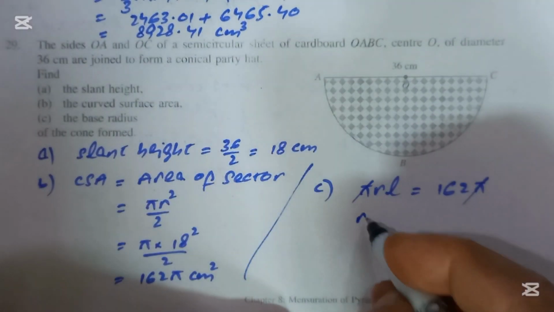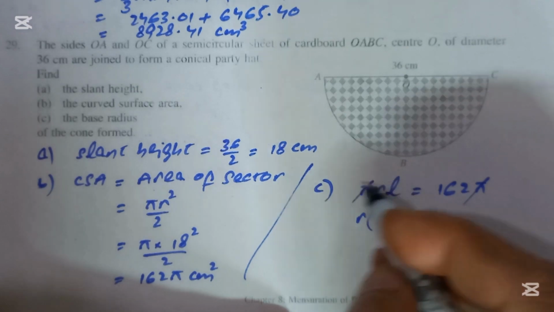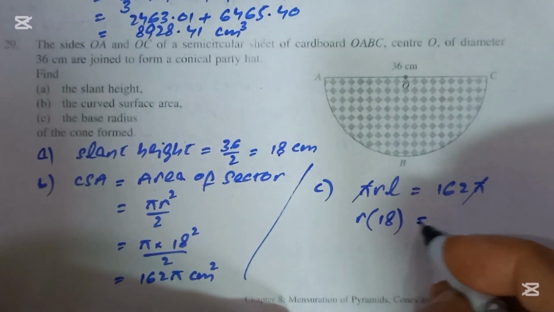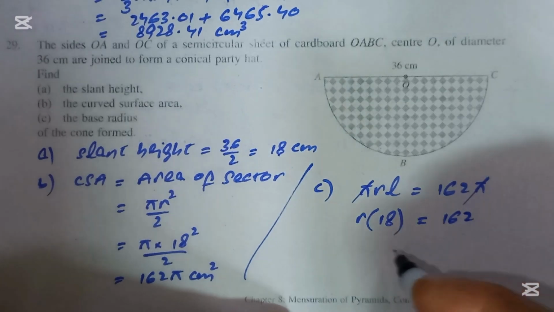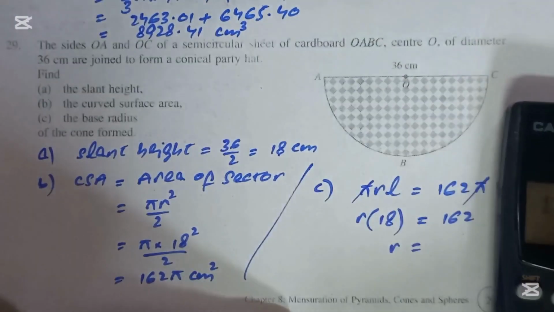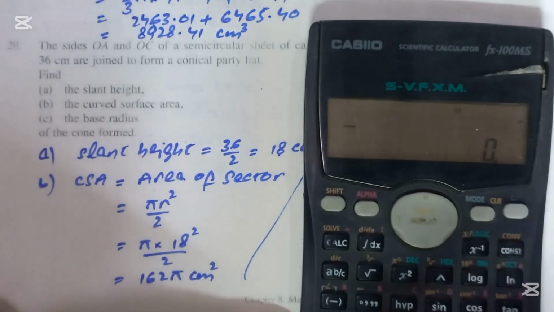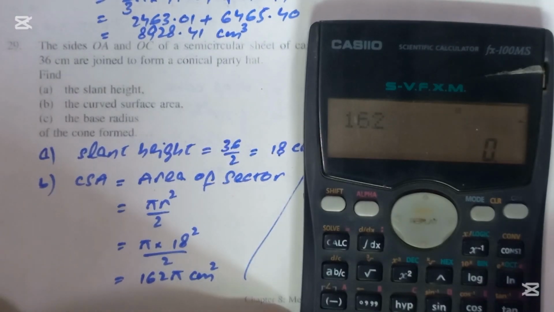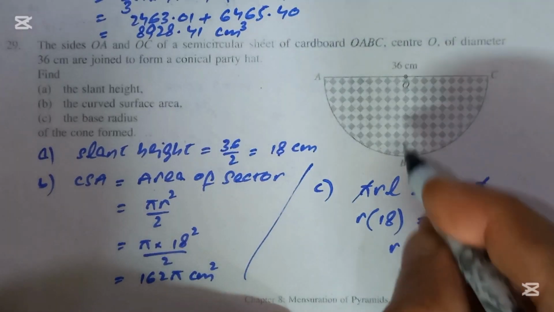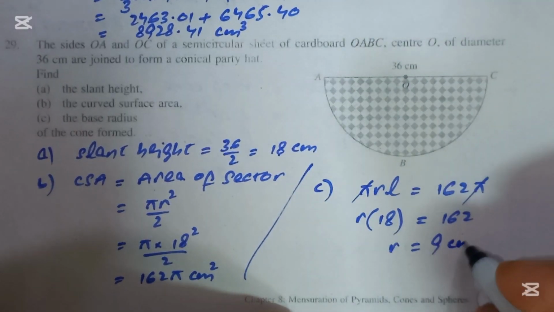Radius is the requirement, and slanting height is 18. 162 will remain as it is. Use the calculator at this point. 162 over 18. Answer is 9. Unit will be centimeter.